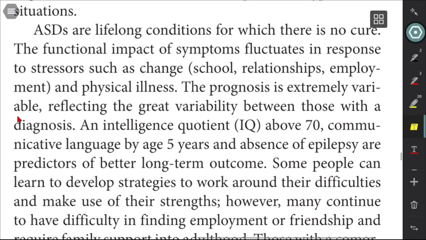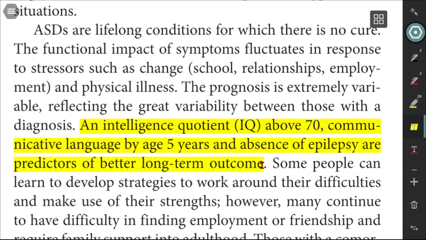An intellectual quotient above 70, communicative language by age 5 years, and absence of epilepsy are predictors of better long-term outcome. So IQ above 70, language by 5, and absence of epilepsy, all of these are good prognostic factors.